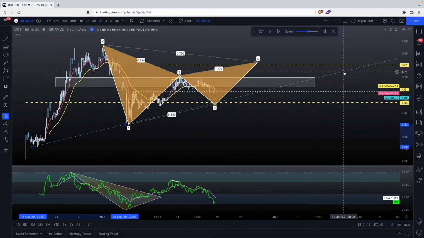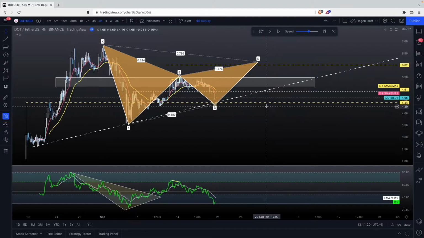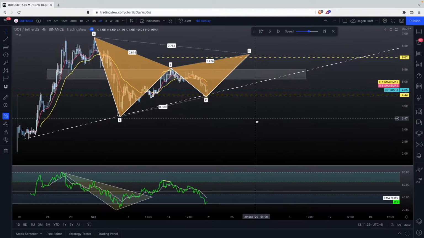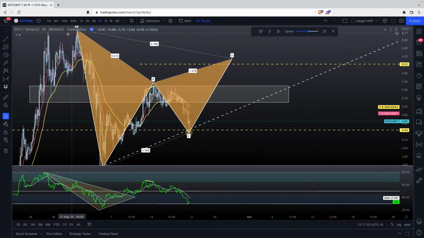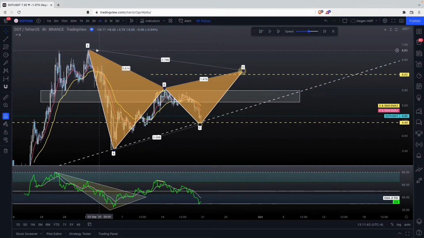All right, so let me make this more clear. Fuck this right here. This was our target previously. Okay, so for the ascending triangle, remember this was our target here, right? So our confluent target would be the ascending triangle measured move, also the 786 on a bearish Gartley.